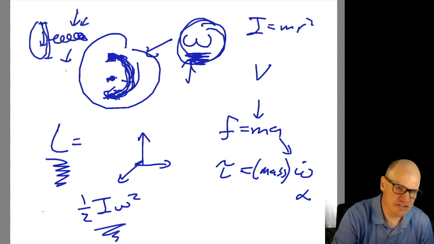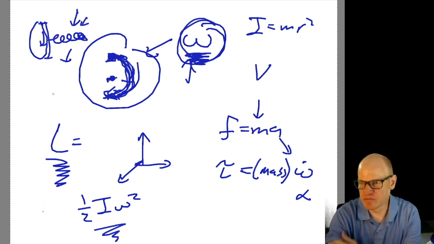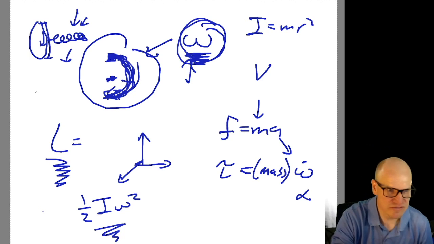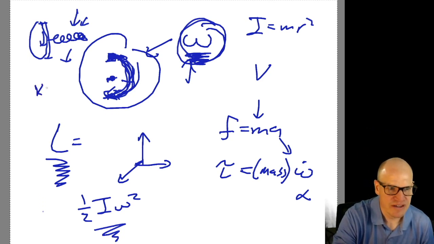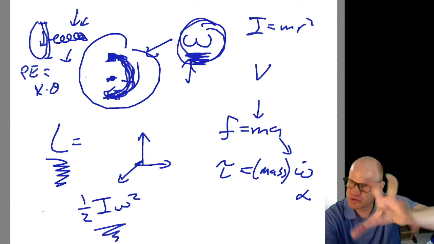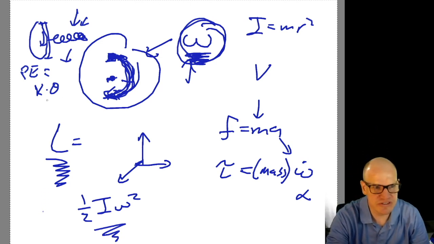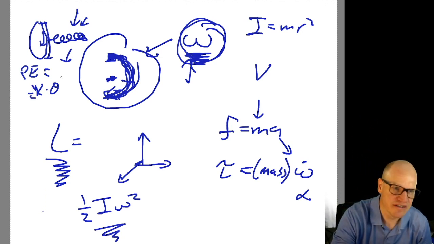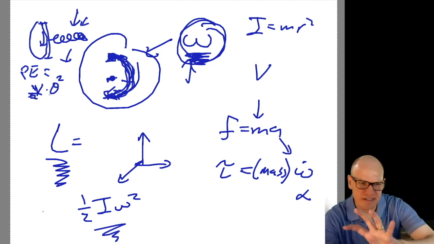In this case, the potential energy is going to be some rotational spring constant, K, times the angle that you've rotated through. The more you've rotated through the angle, the stronger this becomes. And it's going to be 1/2 K times that angle squared, because that's the nature of things.